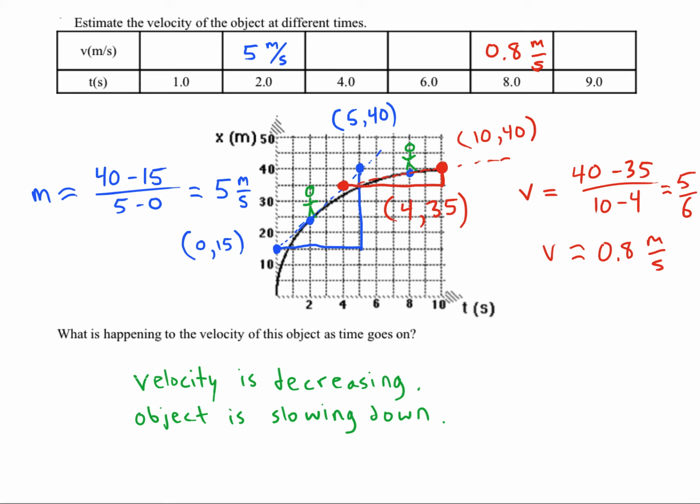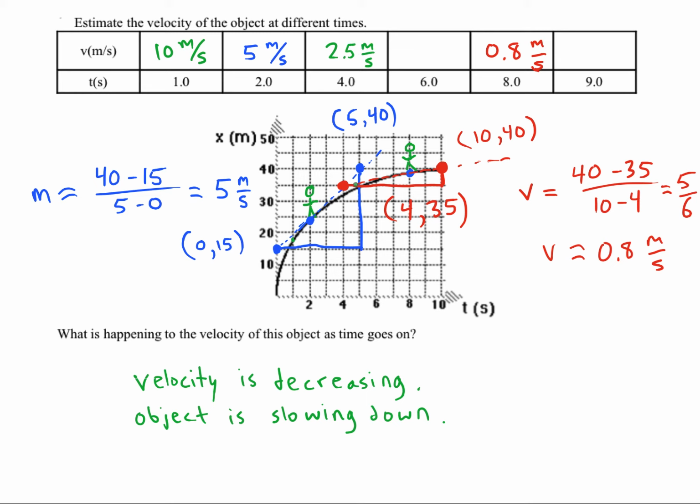Now if we were to fill in values for time of 1, that would be right here, and you can see it's quite a bit steeper. I might guess it might be as high as perhaps 10 meters per second at that time. At t equals 4, we might be down to something like 2.5 meters per second.